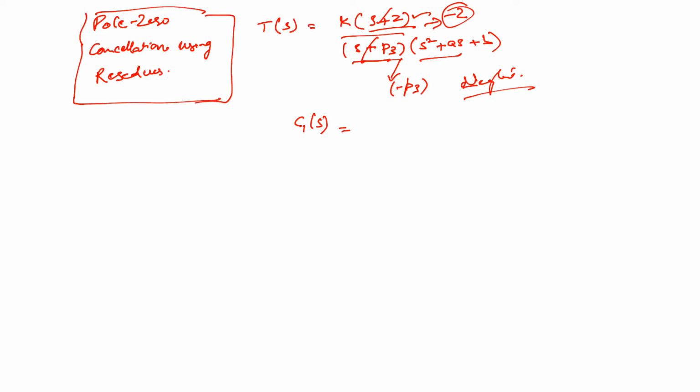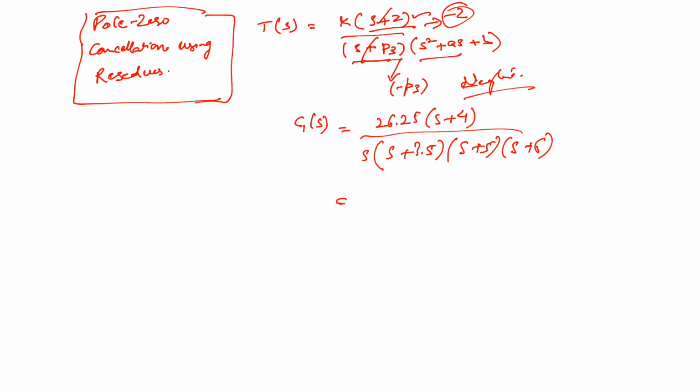Let us suppose the transfer function is given by 26.25 into s plus 4 divided by s into s plus 3.5, then s plus 5, and then s plus 6.